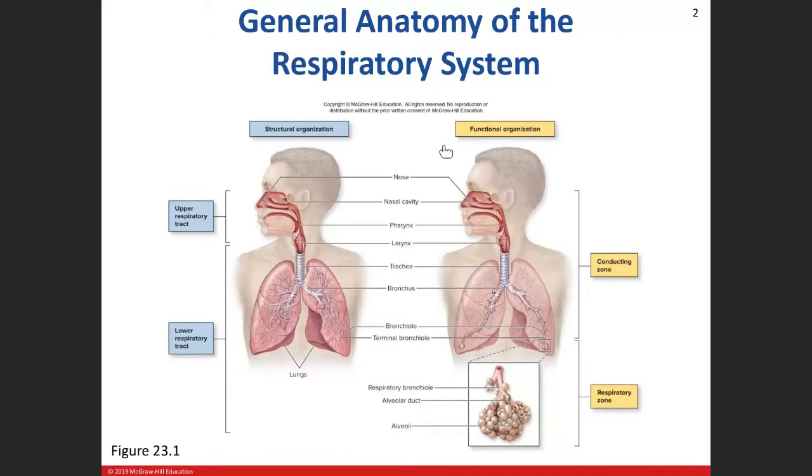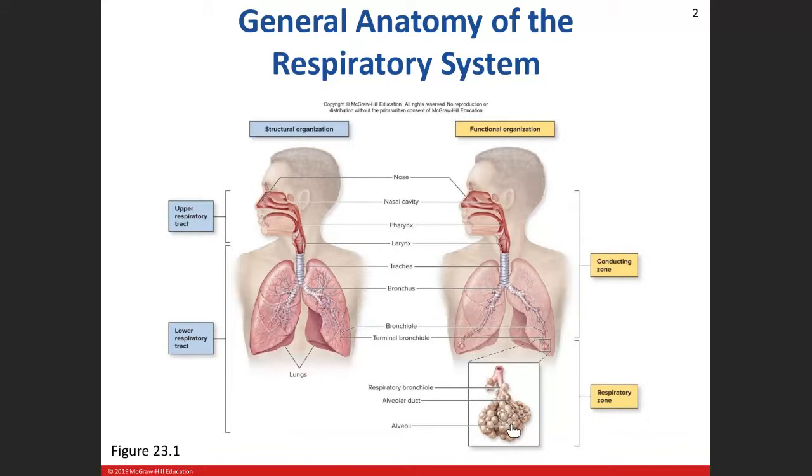So keep in mind that if you look here, my point for showing you this picture is we're talking about structural versus functional. The upper respiratory tract is smaller than the lower respiratory tract, but when we switch over to the functional organization, and we break it down into the conducting zone and the respiratory zone, the conducting zone is far larger. The actual respiratory zone, that's where the actual gas exchange occurs.